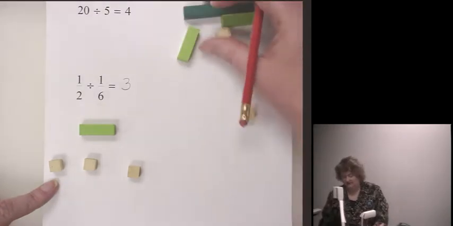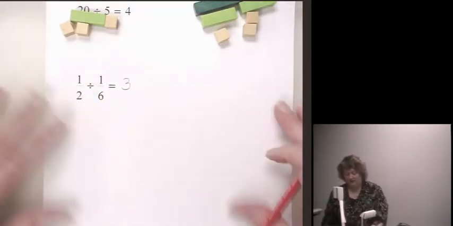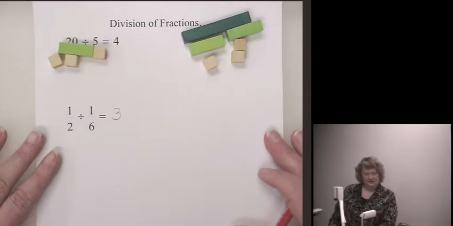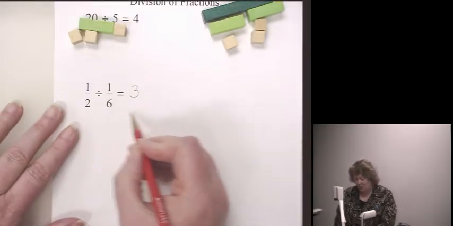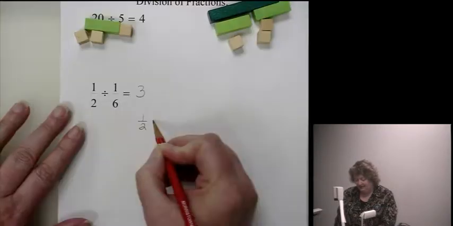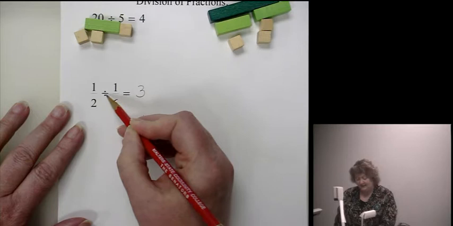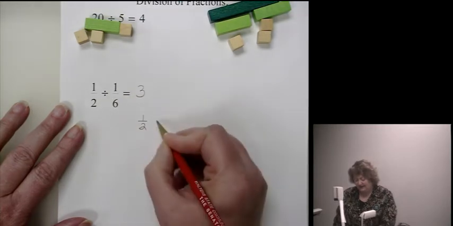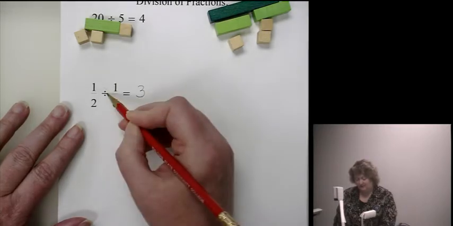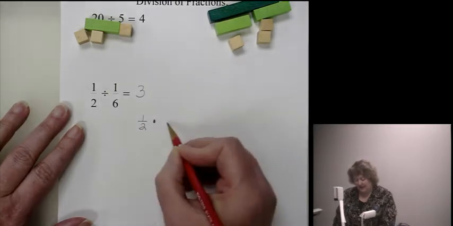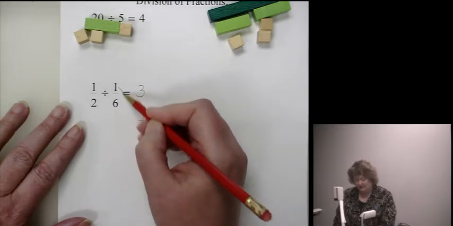Now, let's prove that using our algorithm for division. How do we divide fractions? We take 1/2, and remember the rule for dividing fractions is we change our division to a multiplication, and we take 1/6 and take the reciprocal.